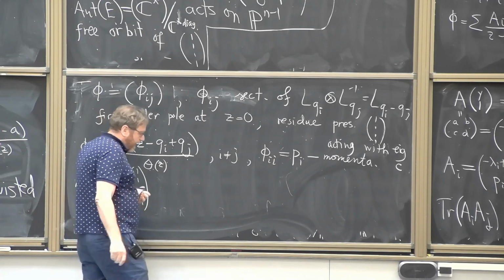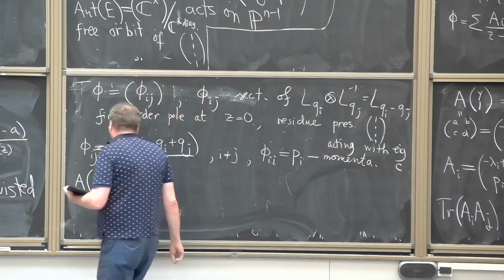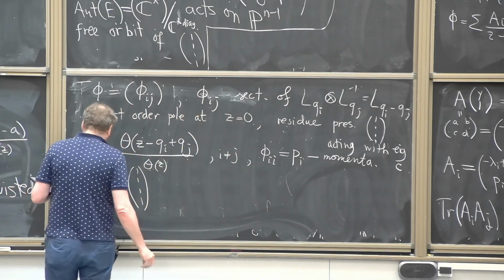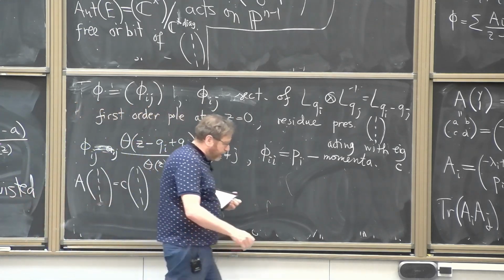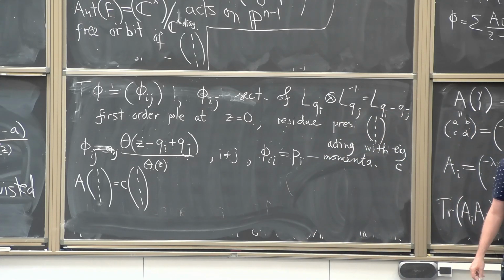So the matrix A has zeros on the diagonal, and it should have rank 1 up to adding a scalar. So this means that all the entries of this matrix which are off diagonal should be the same.